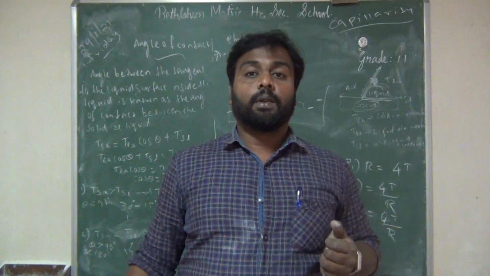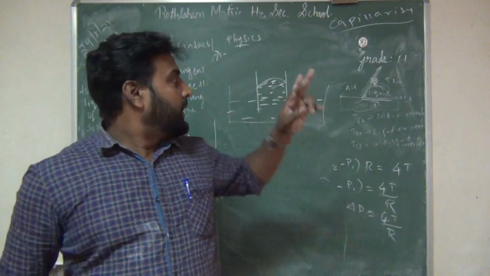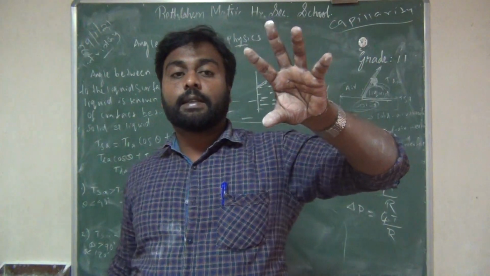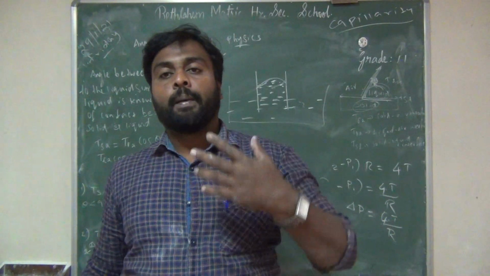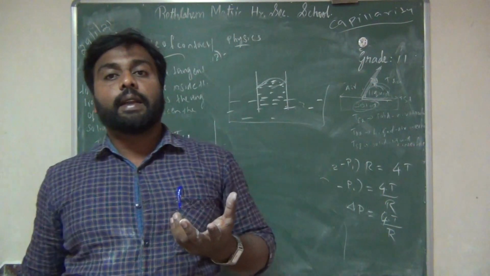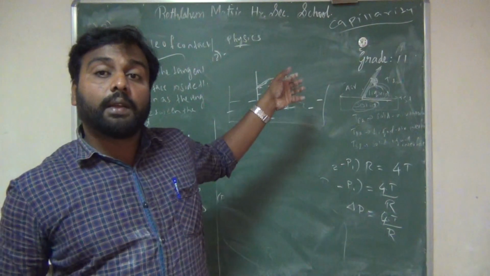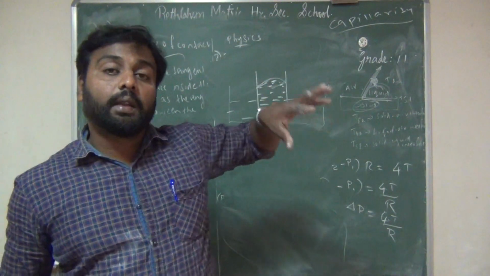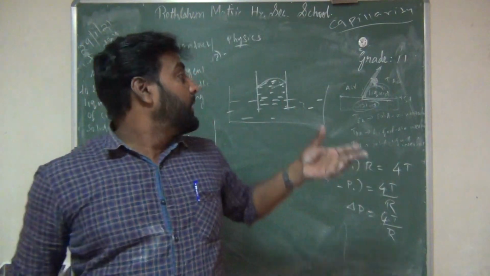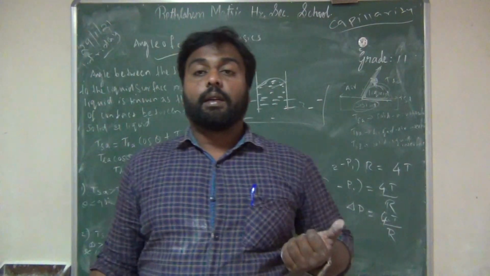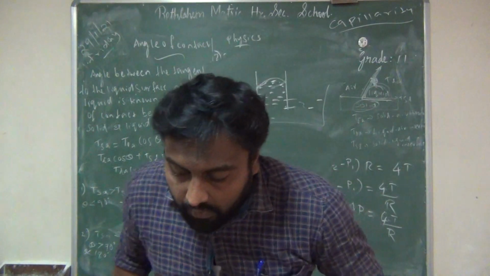Capillary fall. So two things: the angle of contact which is less than 90 degrees, that is capillary rise; the angle of contact inside the tube which is greater than 90 degrees, that is capillary fall.